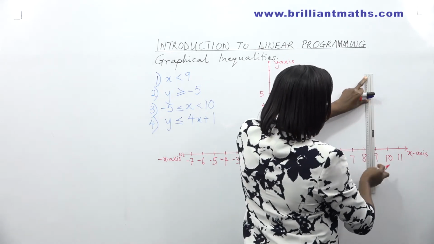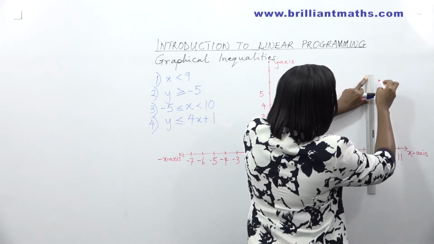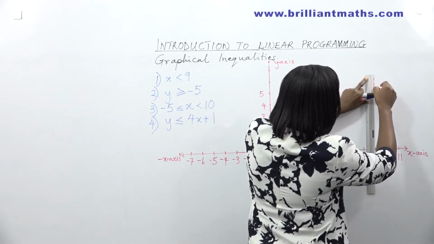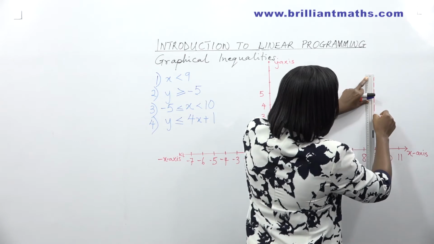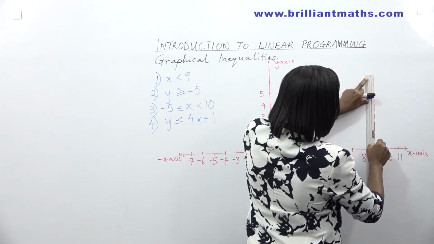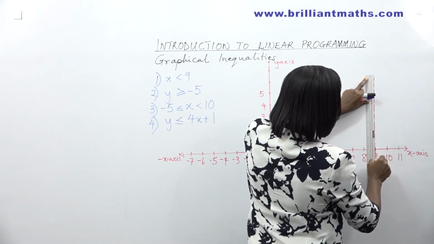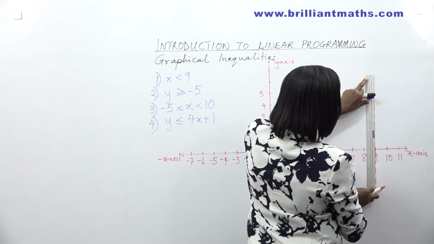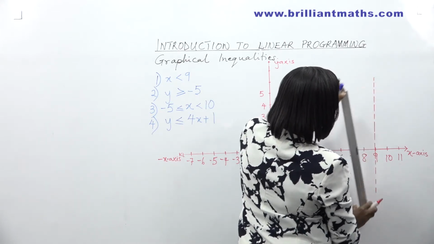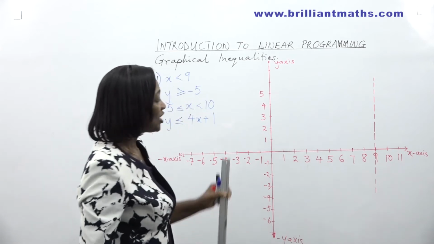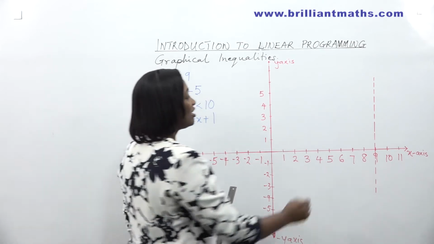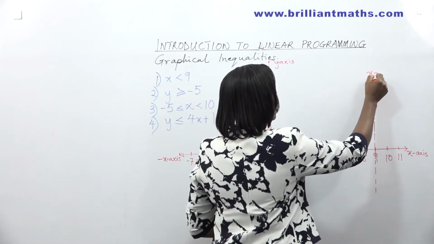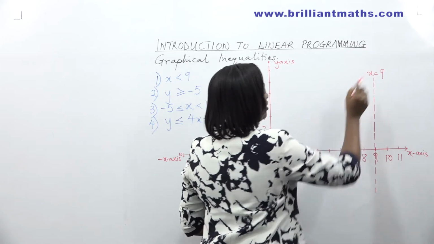So I'm going to draw dotted lines at x equal to 9. Good. So that line is actually the line x is equal to 9.